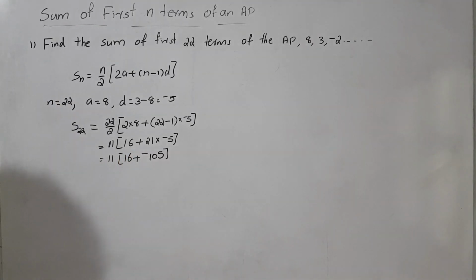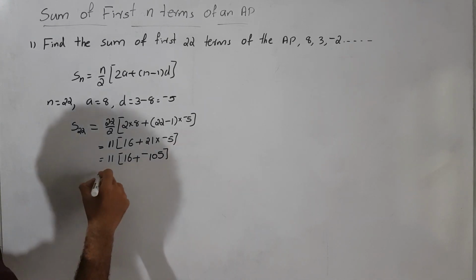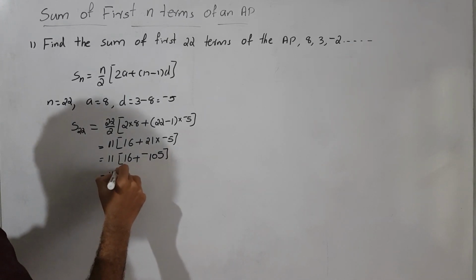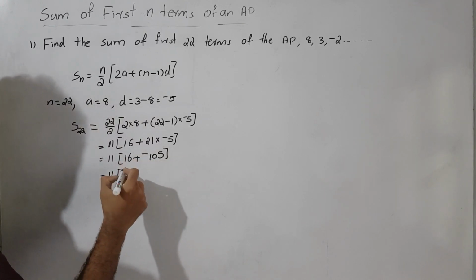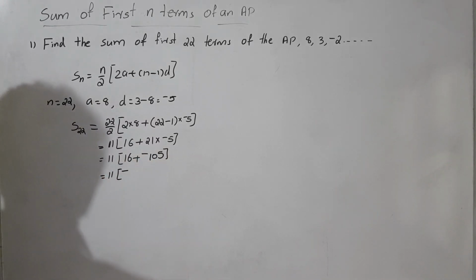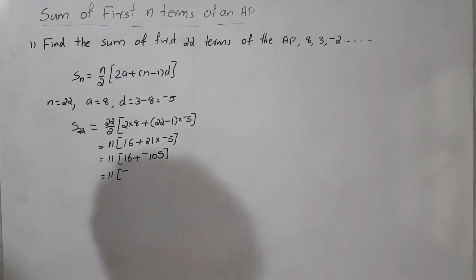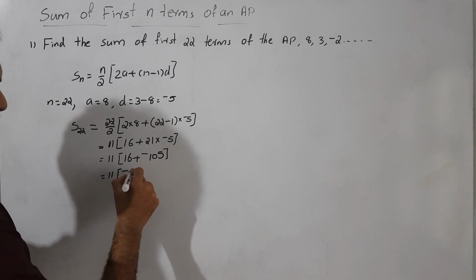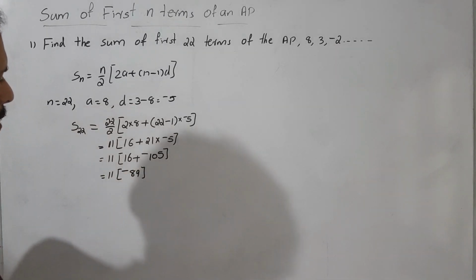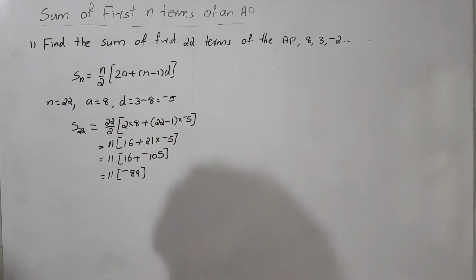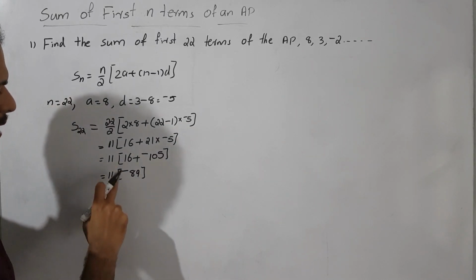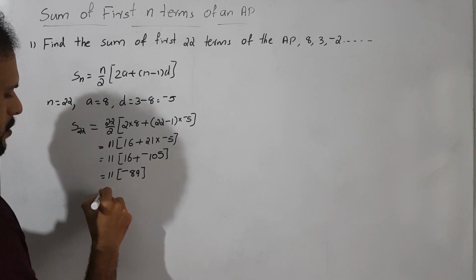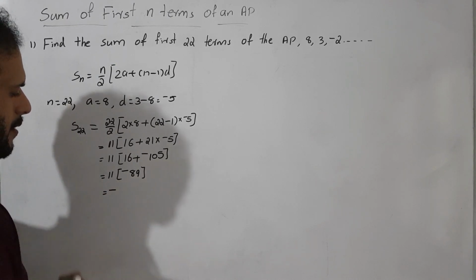Correct? Then 16 plus minus 105, the bigger one is negative, so the answer is also negative. Then we subtract 105 and 16, correct? Then what do we get? It is equal to 89, so minus 89. Next we multiply 11 and minus 89. The answer is negative because one is positive and one is negative.